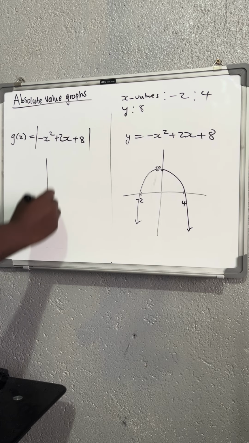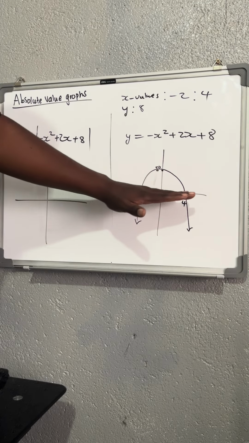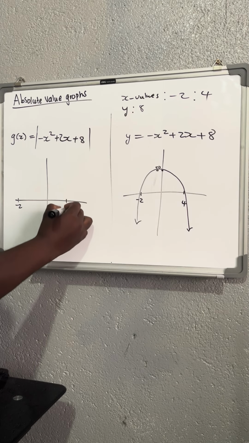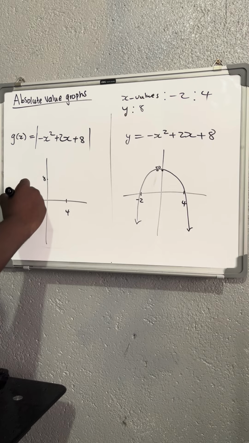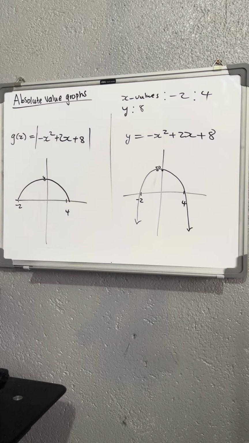Now you come to this side, which is the one that they want. As we said, our graph always has to start on the x-axis going up. So what are we going to have? We still have that minus 2, and this side we have this 4, then this side we have that 8. This part is still fine. You're going to draw it more nicely on your side. What we just have to flip is this one.